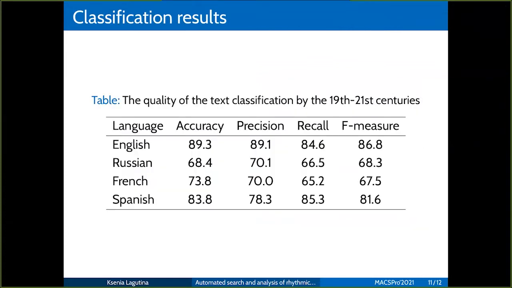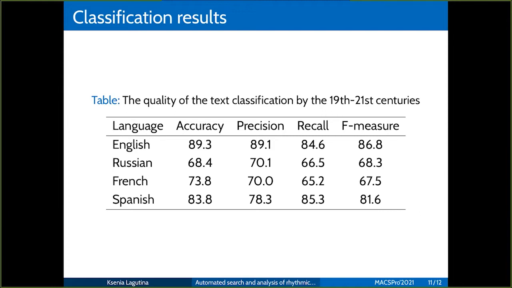After all, we use these features to classify texts by 3 centuries, 19th, 20th, and 21st, and we see quite good results for English and Spanish, where the F measure exceeds 80%, but for Russian and French the results are quite low.